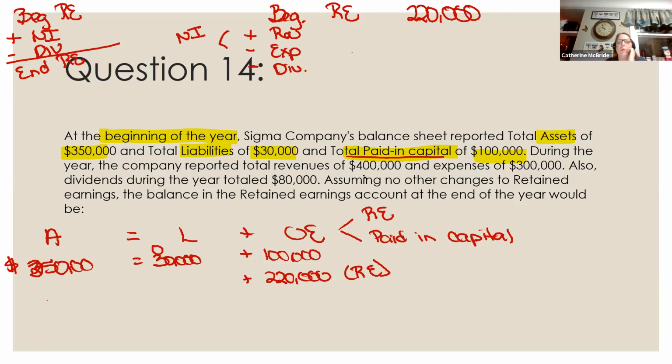So we had revenue of 400,000. We had expenses of 300,000. And we had dividends of 80,000.